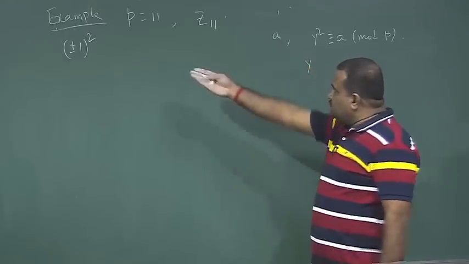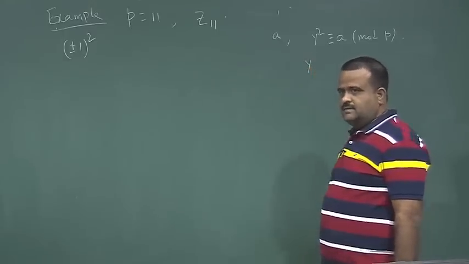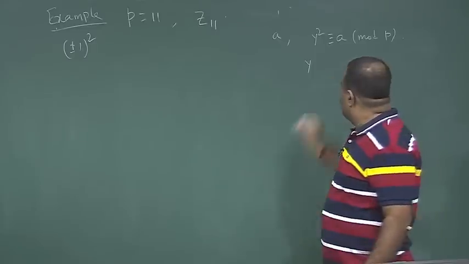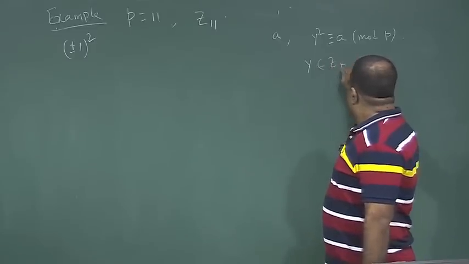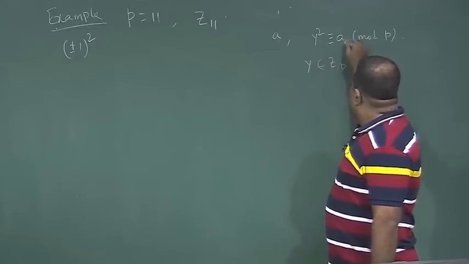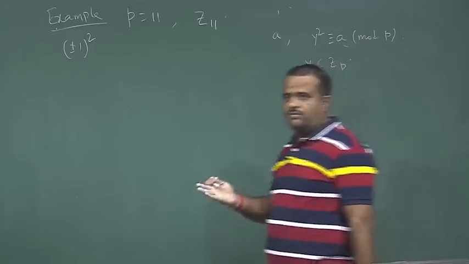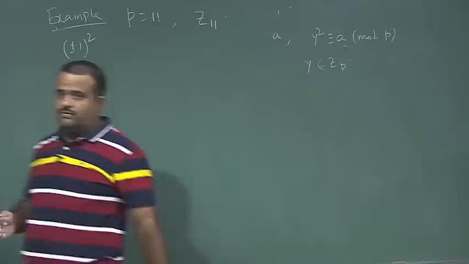So we are looking for possible y's such that if such a y exists in Z_p, then we call a a quadratic residue, that means a has a square root.